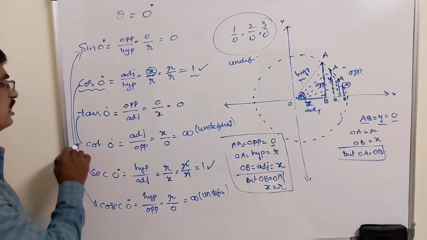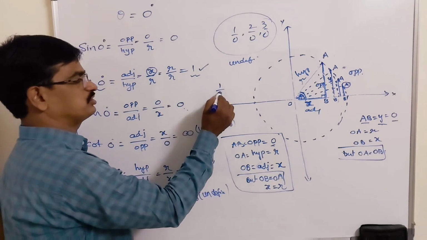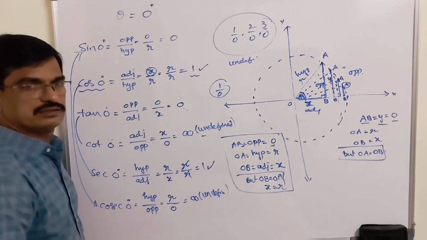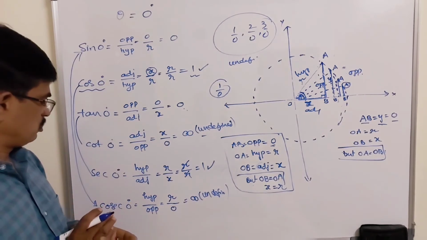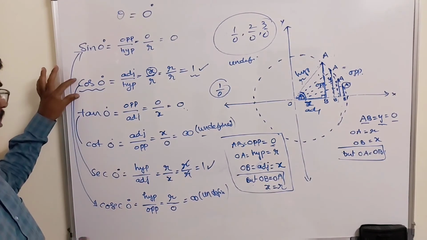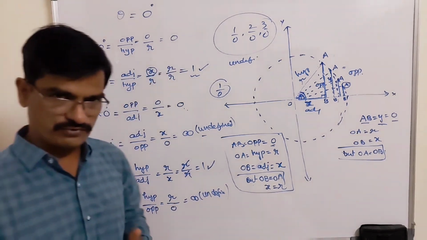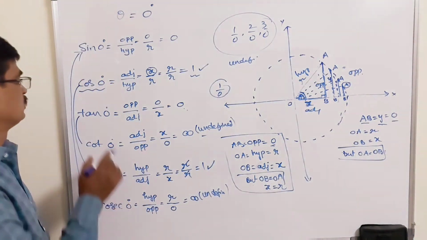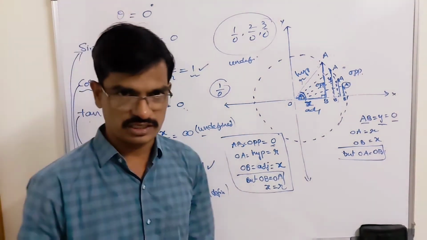Tan 0 and cot 0, here 0, and its reciprocal we have to write as 1 by 0, that is undefined. So here also sin 0, cosecant 0 reciprocals. Cos 0, secant 0, 1. The reciprocal of 1 is 1 only. Tan 0 and cot 0 are reciprocal to each other.